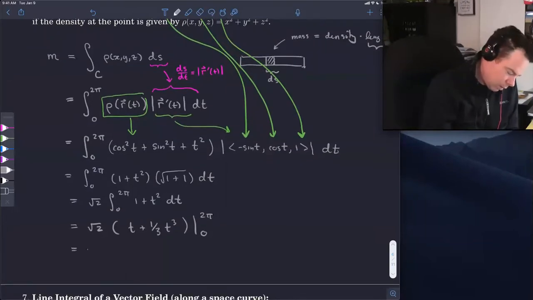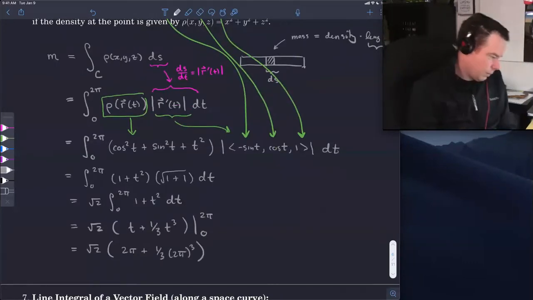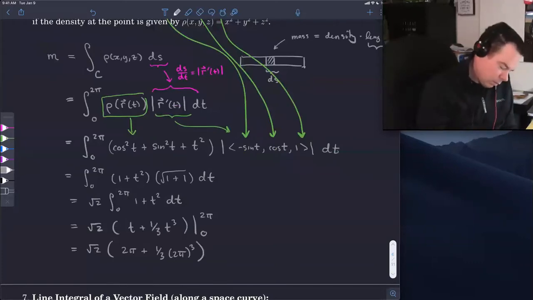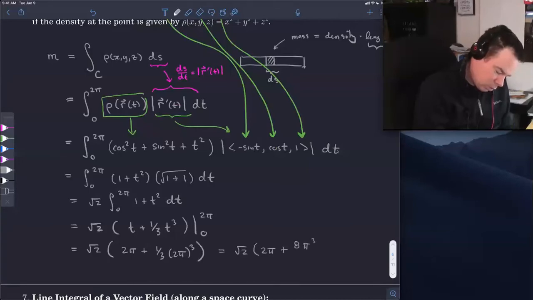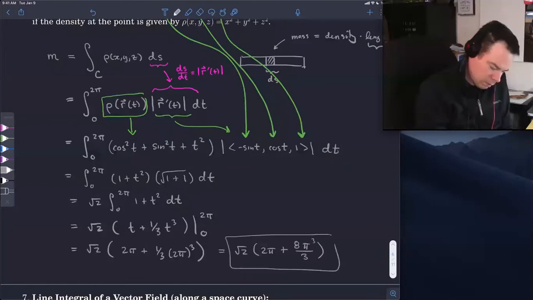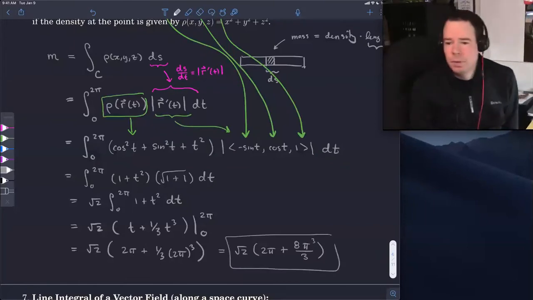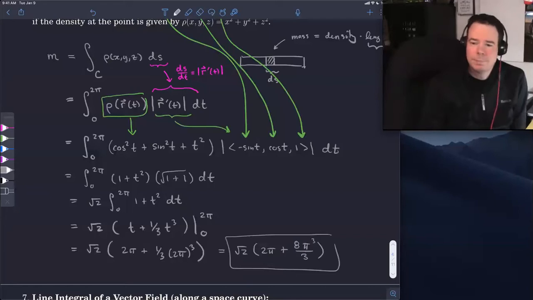And so this becomes root 2 times 2 pi plus 1/3 of 2 pi cubed. And then we plug 0 in, and that's just 0. So this is root 2 times 2 pi plus 8 pi cubed over 3. And so there is our mass of the rod with that density function.